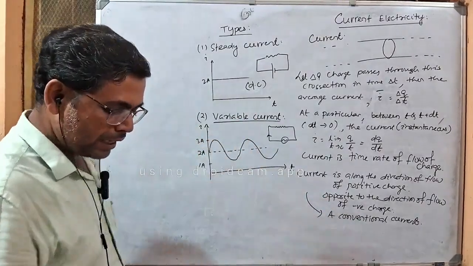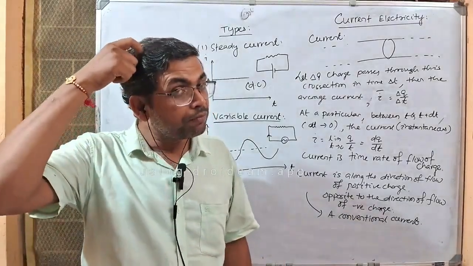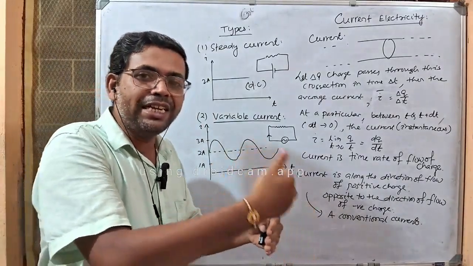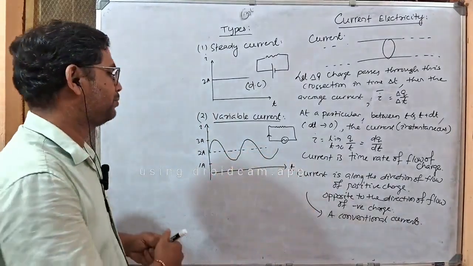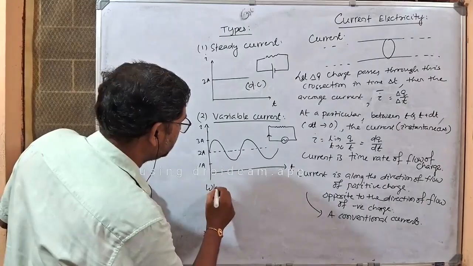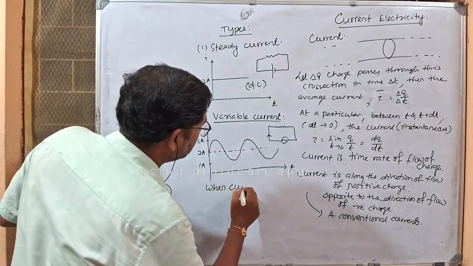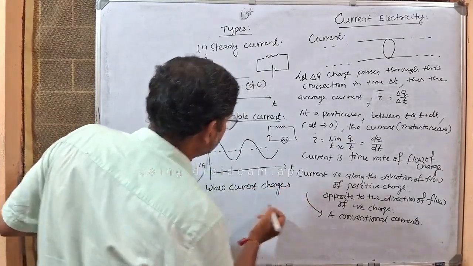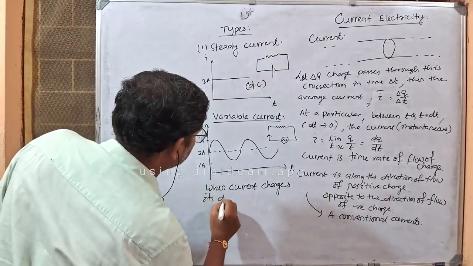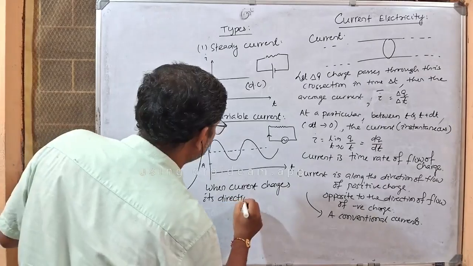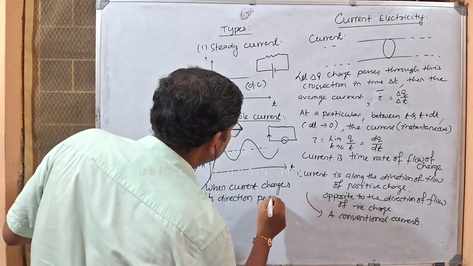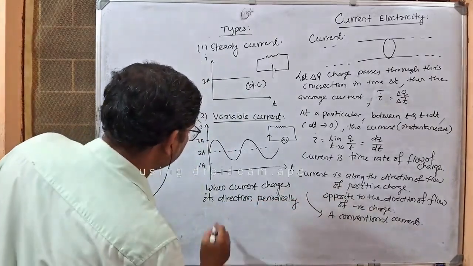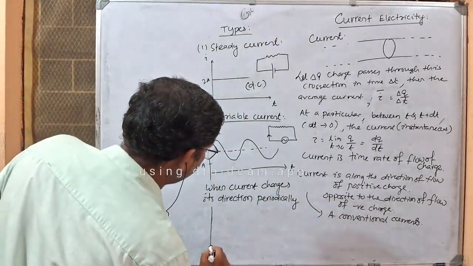In variable current, there is one type of current that changes its direction periodically. When current changes its direction periodically, let's draw its graph.